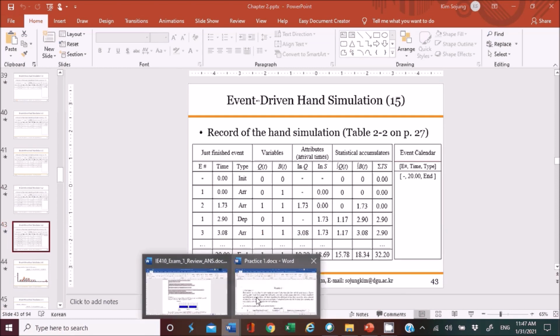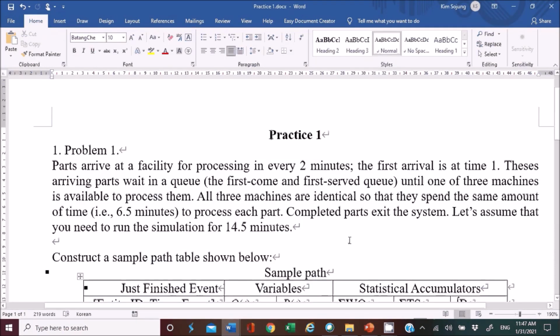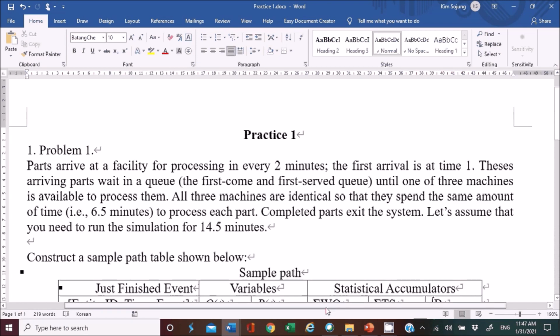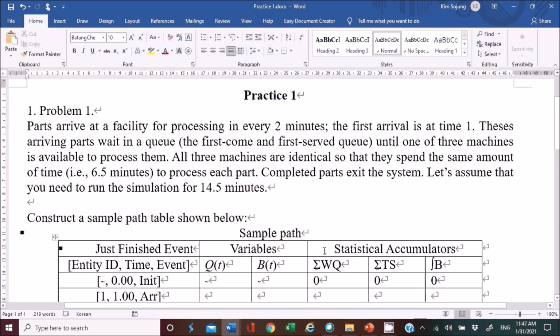All right, let's look at this practice problem. Let me briefly explain the problem for you. We have only one problem in this practice.